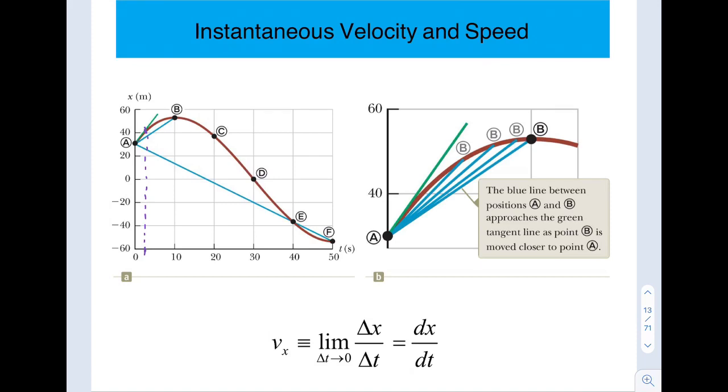We are going to take the tangent to the position and then figure out the slope of the tangent line. Based on this concept, the time becomes smaller. So finally, for one single position, it's represented by the green line. The green line is the tangent at that position. So this is in technical terms.